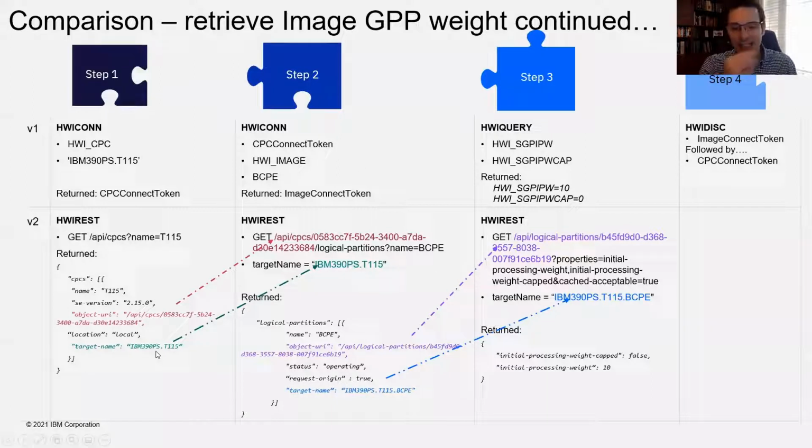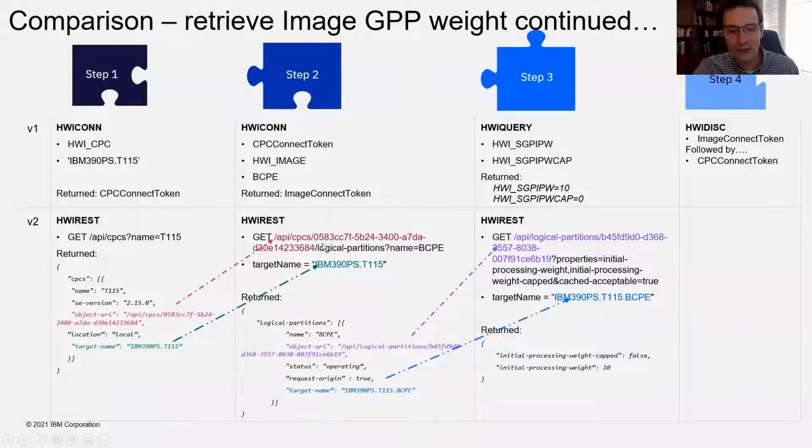So then I need to be able to query what image URI I need to be able to query the actual attributes. So in this case, I'm going to use the object URI that was returned on the first request.